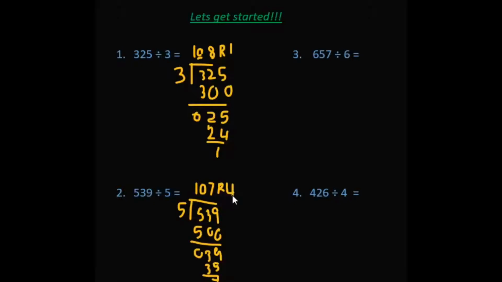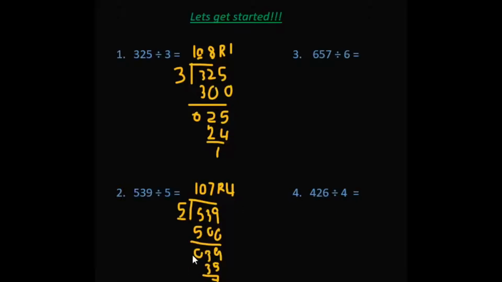Let me tell you a little thing. If you have a remainder that is greater than the number you have outside the little box, the layout here, which I like to call a hangman structure because I like playing hangman, then you know you have your remainder wrong or you divided wrong.